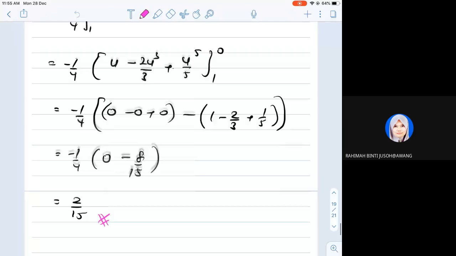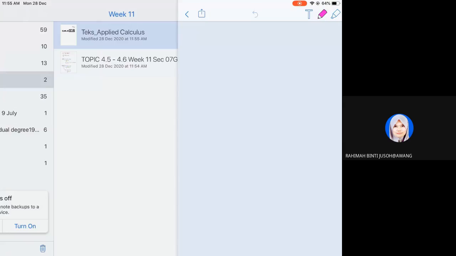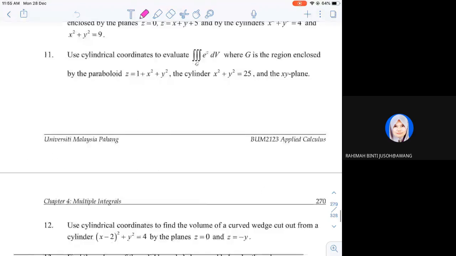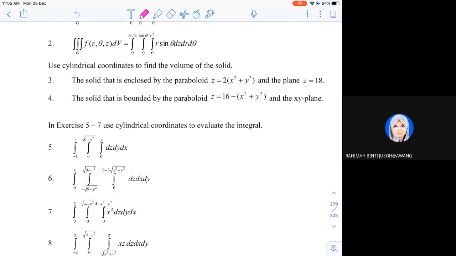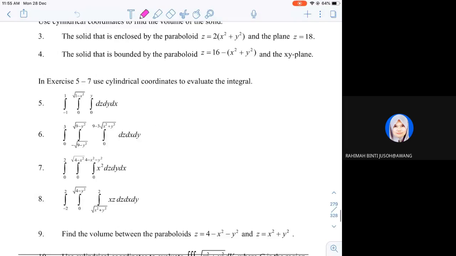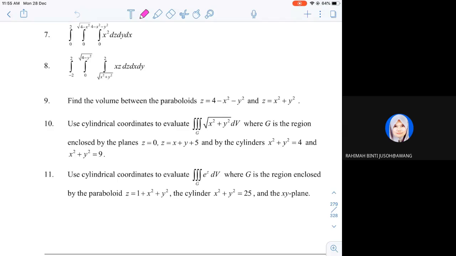2 over 15. Okay. Right, guys, I think I will give you the solutions for some of the rest of the questions, because I don't think I can manage to solve them, it's already 11:55, right? So I will give you the solutions later, so you can refer to my solutions.